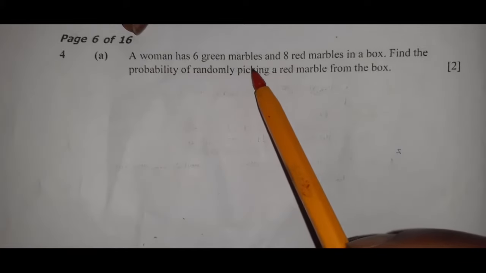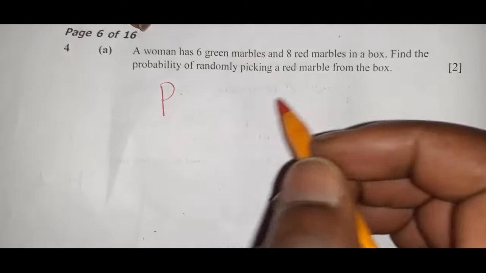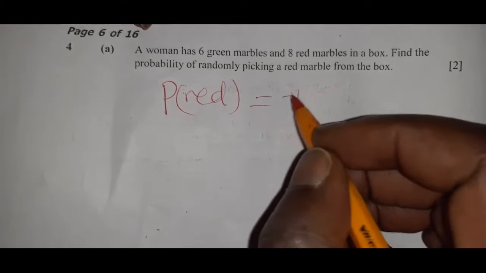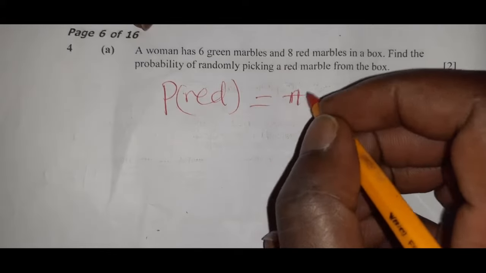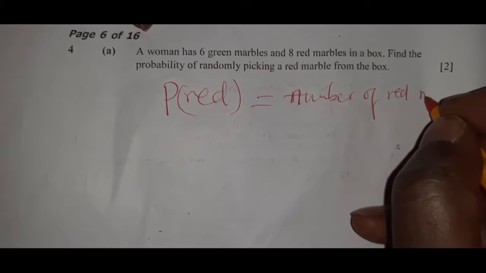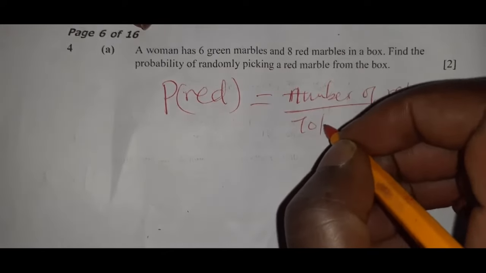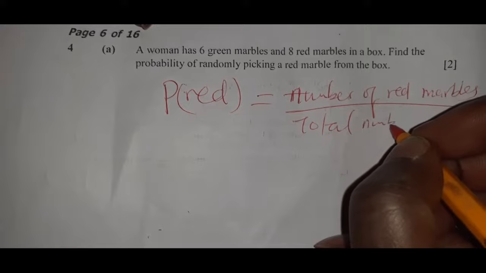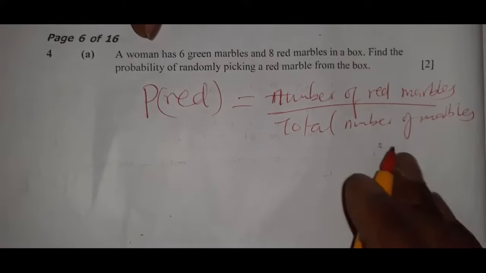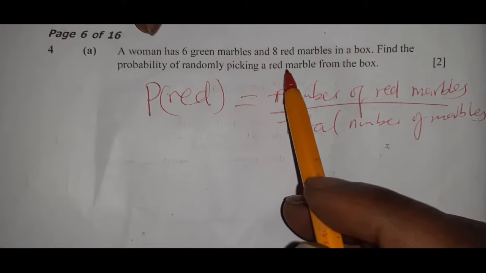So what we are supposed to do is, the probability of picking a red marble is equal to the number of red marbles over the total number of marbles.